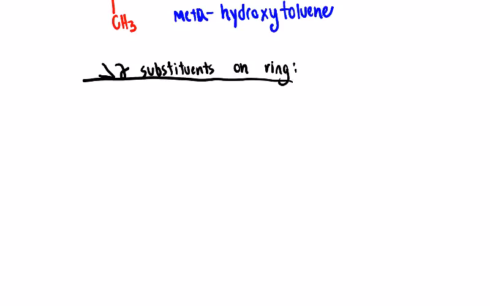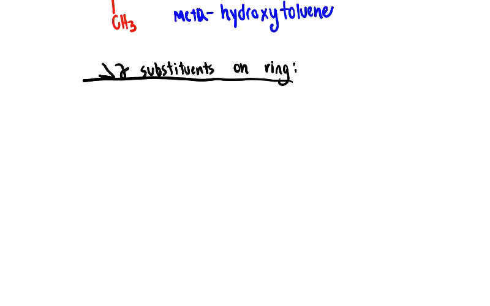And if we're talking about the situation where we have more than two substituents on the ring, we're no longer going to be able to use the ortho, meta, and para at all. Instead, we're going to be stuck using numerical designations of the location of each of the substituents on the ring. So don't use ortho, meta, or para at all if you're dealing with 3 or more substituents on the ring. Instead, you're going to have to use numbers.